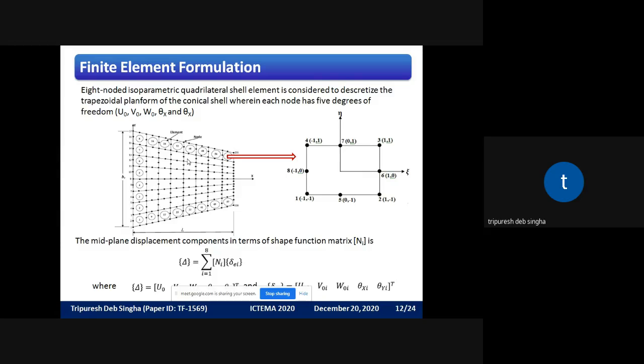Here 8-noded isoparametric shell elements are considered with local natural coordinates xi and eta, and using this isoparametric formulation, the mid-plane displacement components are determined in terms of the shape functions matrix, that is Ni, using this formula. Delta is the mid-plane displacement components, and delta e is the nodal displacement components, related by these formulas.